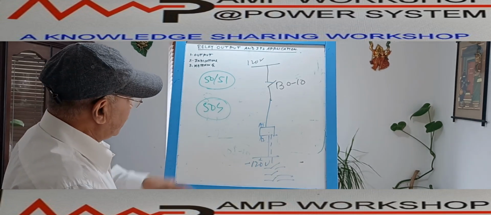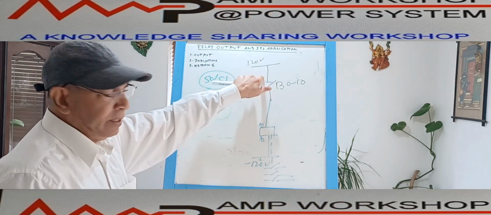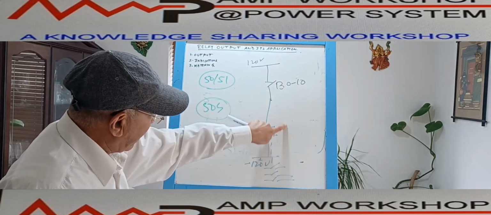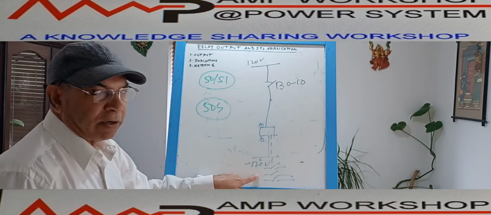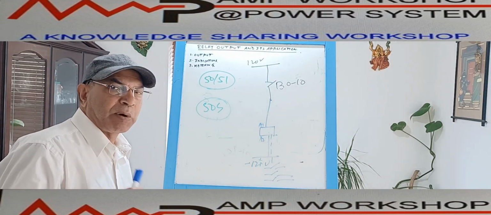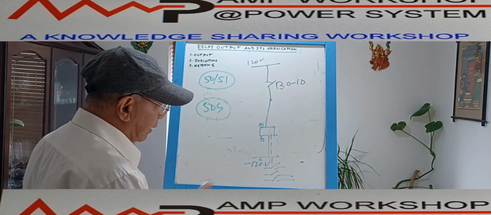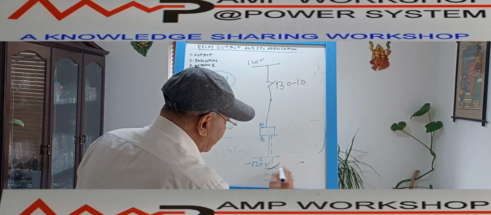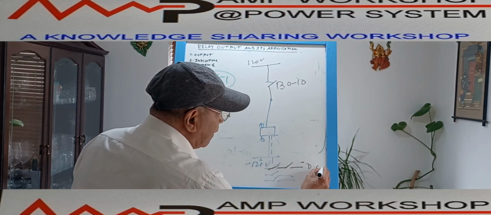So the moment the 50G condition is prevailing, immediately binary output 10 will be activating, and this will activate this auxiliary relay. That auxiliary relay has multiple contacts which I can design as per our requirement, and these contacts can be taken to various places. Suppose contact number 1, I am taking to DCS for indication.